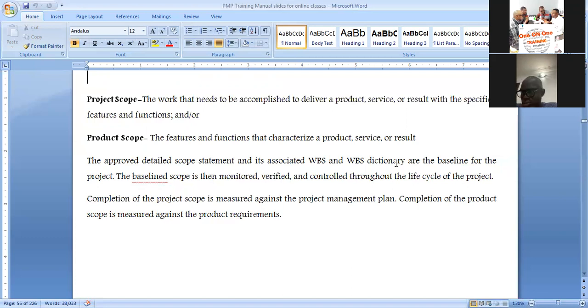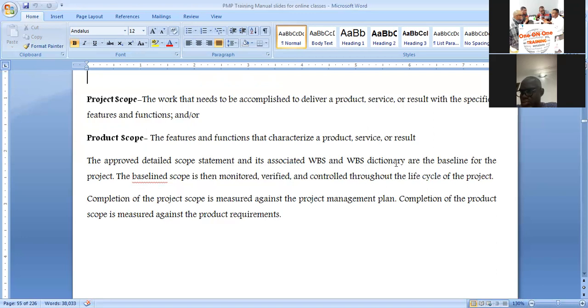The work that is required for us to accomplish the project or the product. That is the project scope.